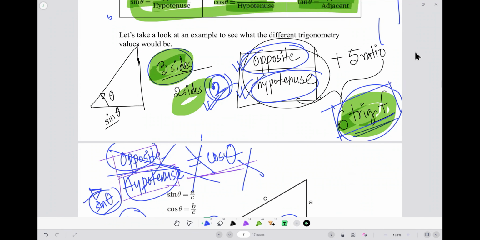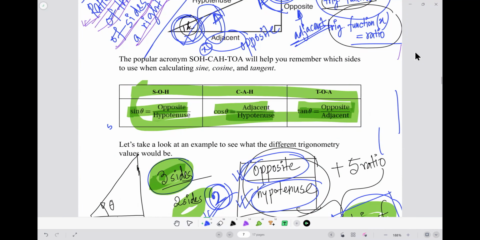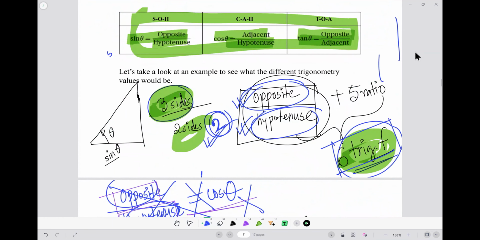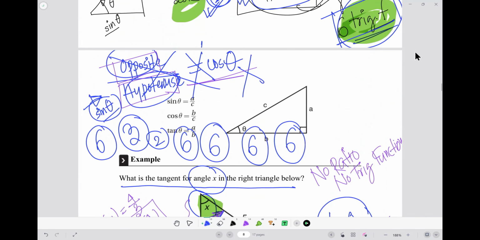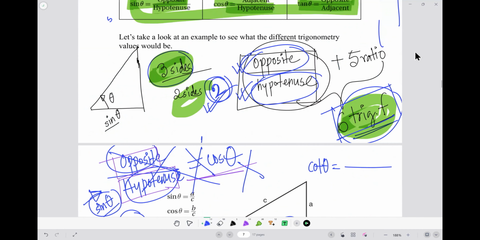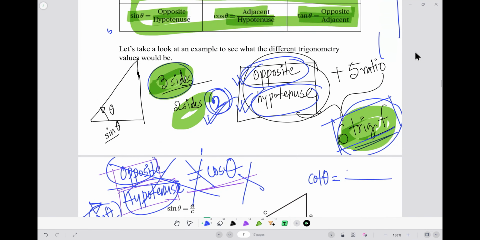I can write here. The definition of the cotangent, cot theta, is equal to the adjacent side divided by the opposite side.